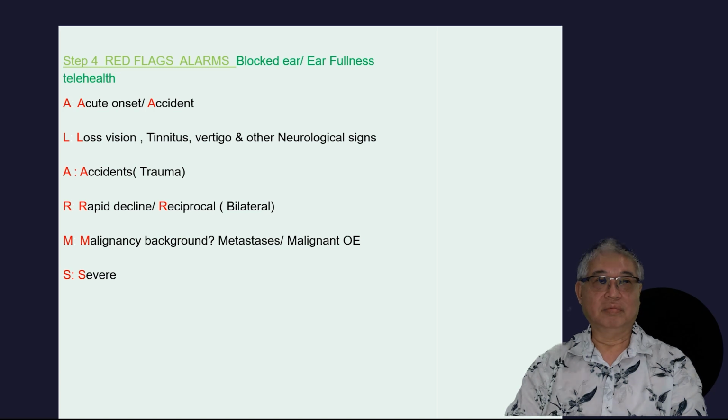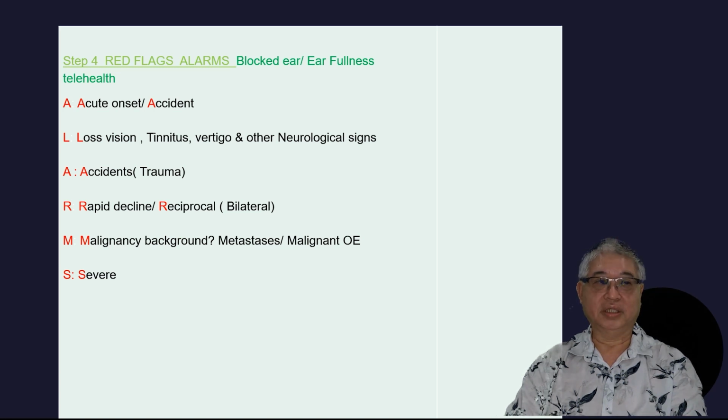Anything that's acute onset is always a red flag. If there's an accident or trauma to the ear, that is another red flag. L is for loss of vision or any tinnitus or any other neurological signs, and it's also a red flag. R is for rapid decline.